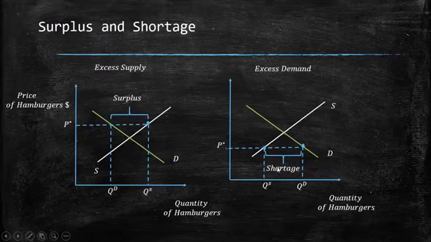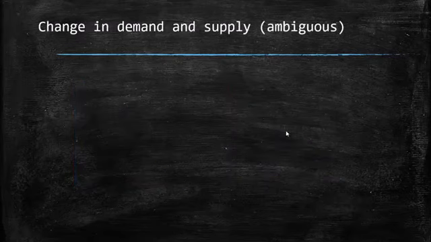So because the price is so low, and they can still sell more, they are going to go up until the equilibrium price, because there is a shortage, so they can sell at a higher price.